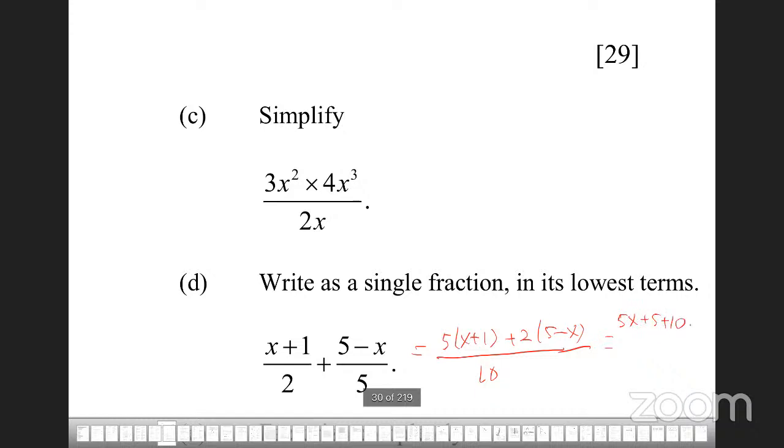Positive 2 by minus x is minus 2x over 10. So you'll be left with what? 5x minus 2x plus 5 plus 10. So I squeeze in the answer on top here. 5x minus 2x, that's 3x. 5 plus 10 is 15.